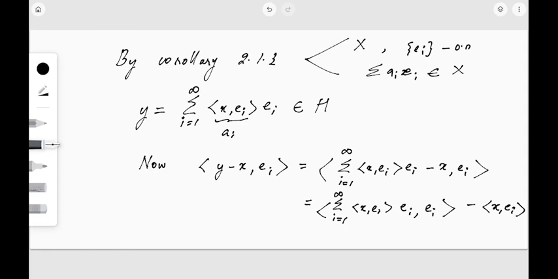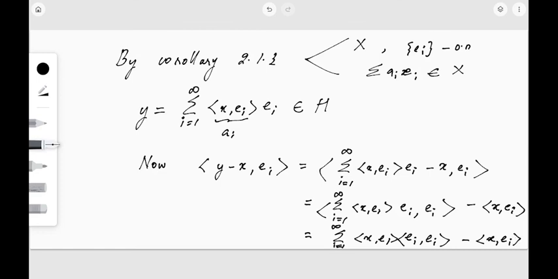So this much is clear. From this I am again going to take this constant, that is, summation i equal to 1 to infinity inner product x e_i, comma e_i. I am taking this term constant, minus inner product x e_i.